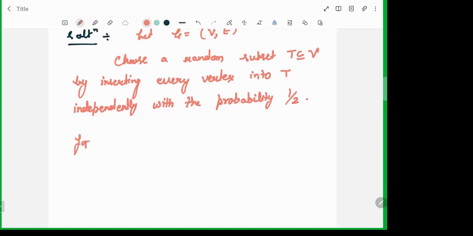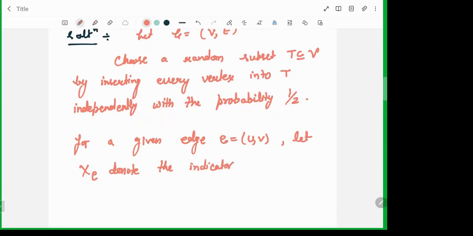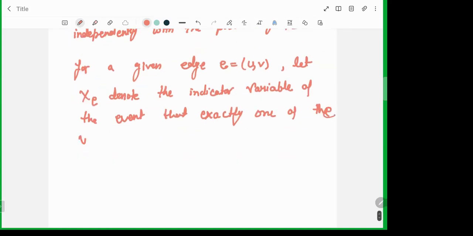For a given edge e between u and v, let X_e denote the indicator variable of the event that exactly one of the vertices of e is in T.